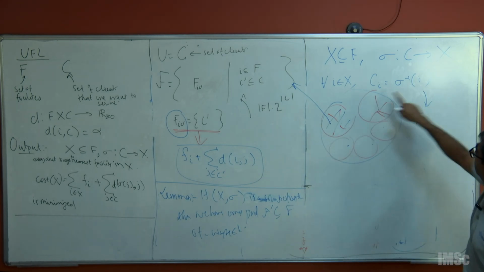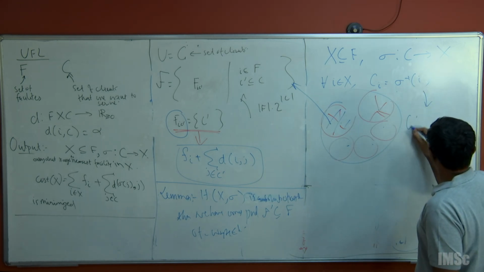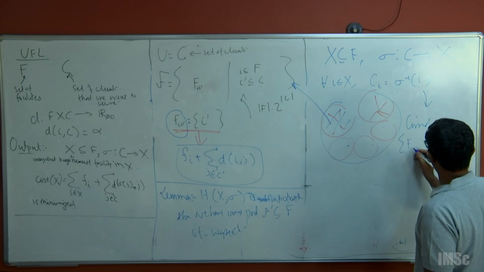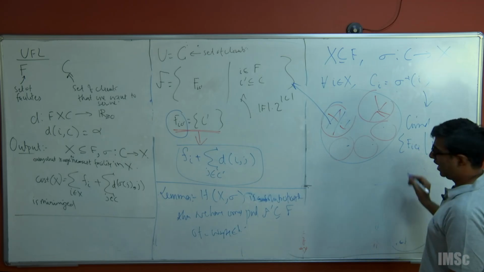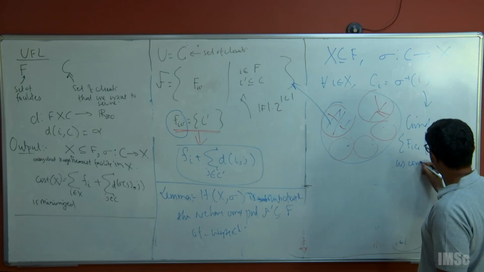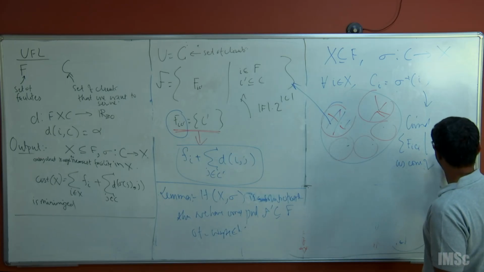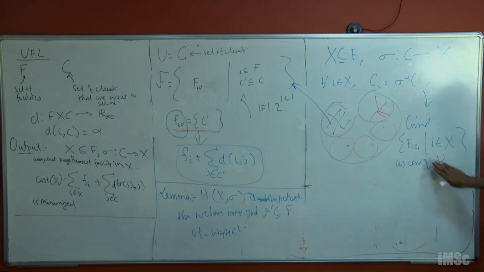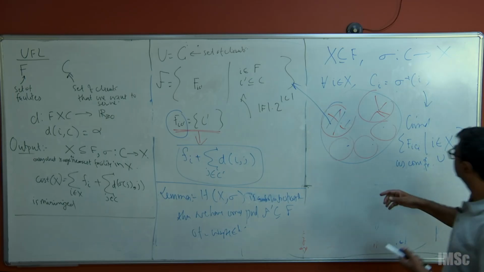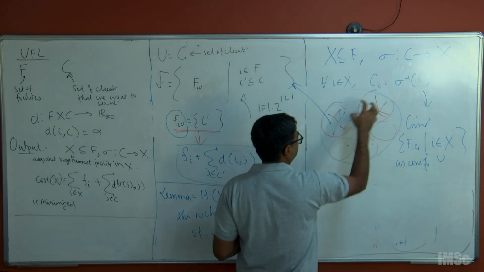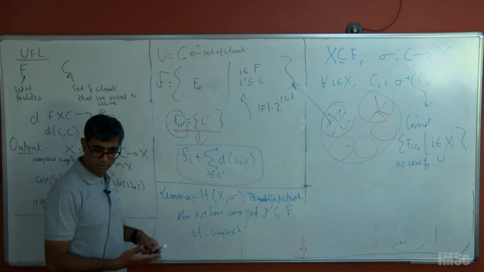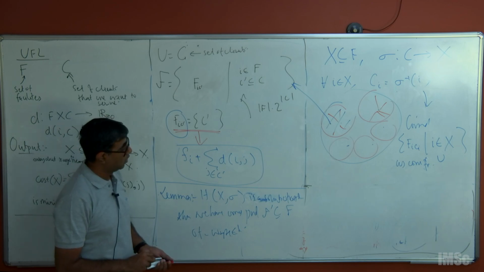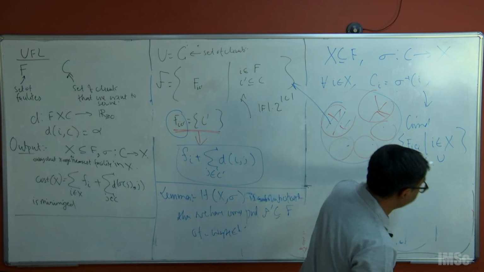Given this solution, consider F_i C_i for I in X as a cover for U. First of all, does it cover every client? Yes, my universe is all the clients, and the union of C_i is equal to U. So it is a covering. Are you okay, or are you confused? Okay.